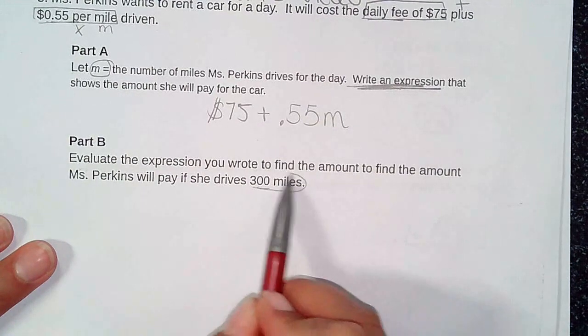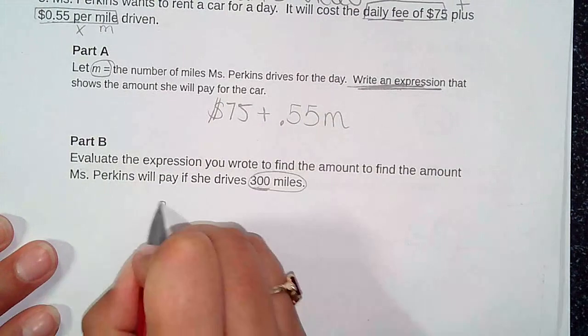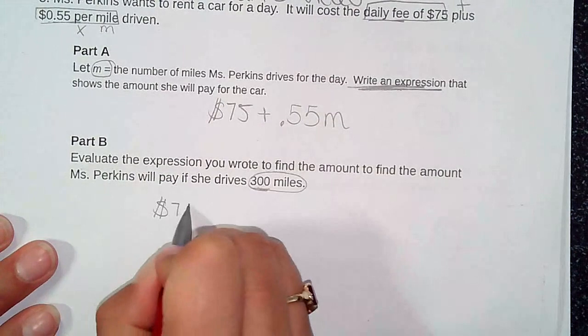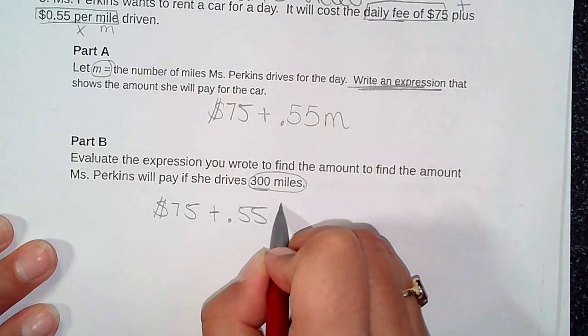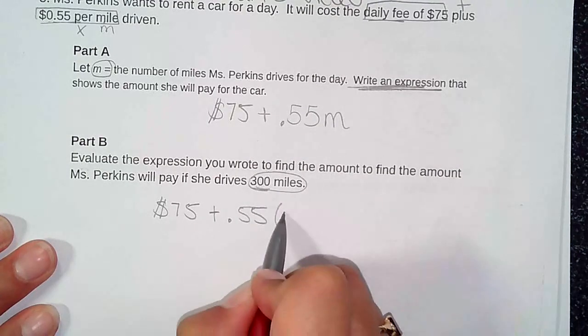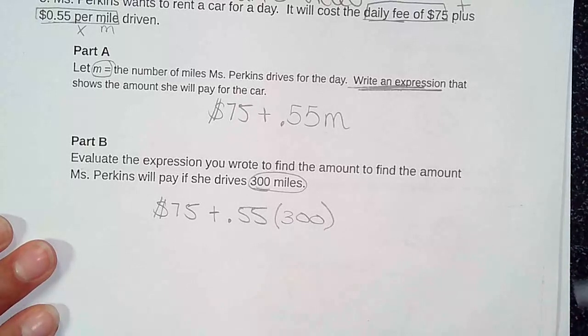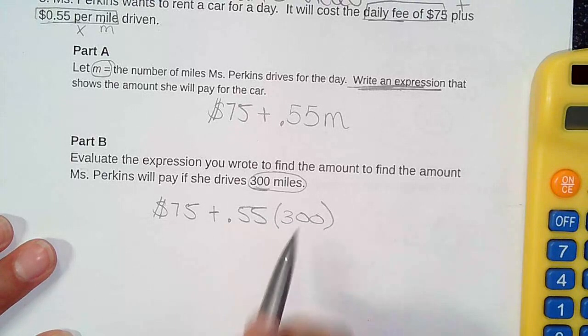So now we actually know how many miles she's driving. So I'm going to write the same expression, $75 plus 55 cents per, now it's 300. So I have to multiply this because that's per 300 miles.